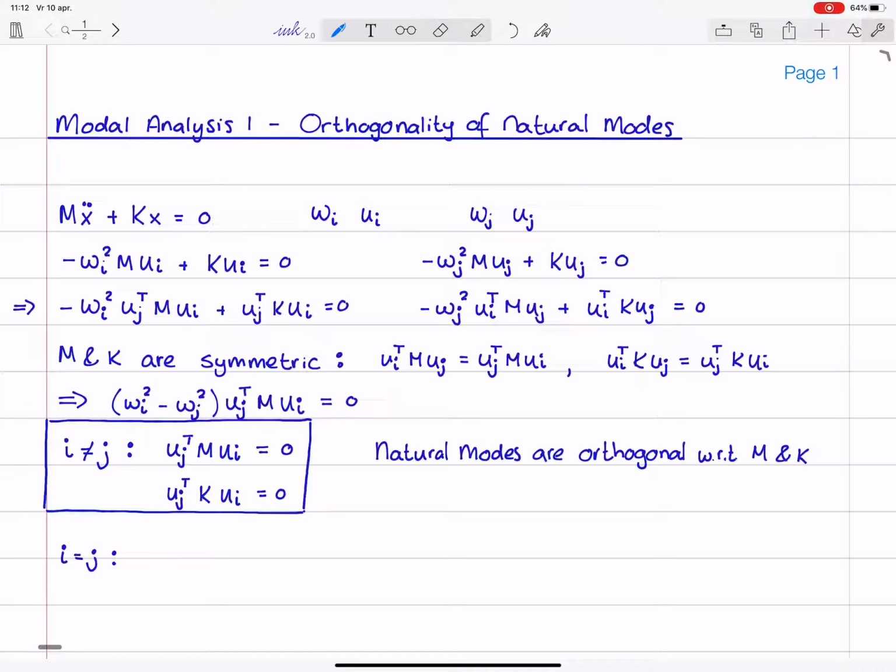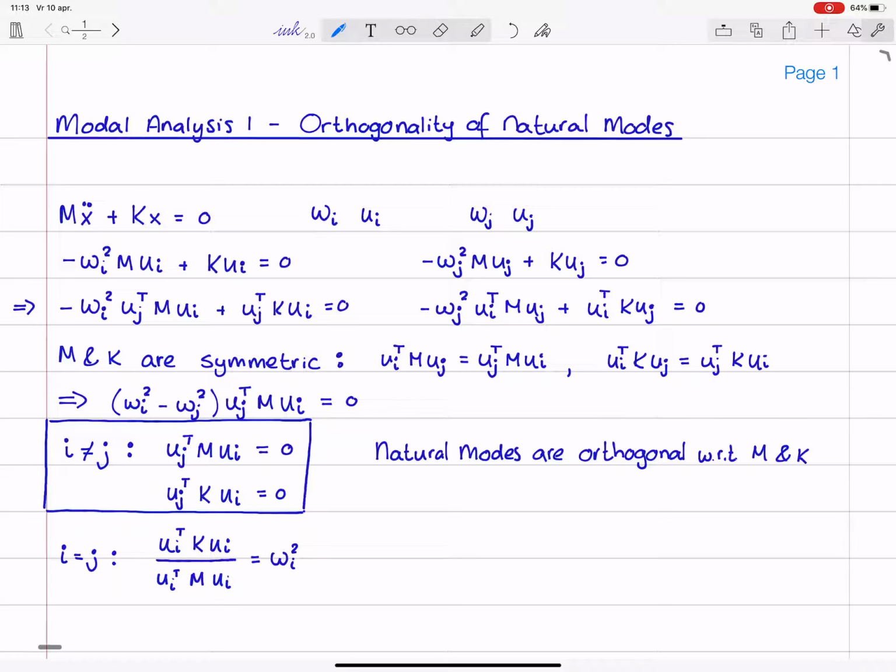So if we look back at the equation that I marked with the arrow, from that we can rewrite it that u_i transposed times K times u_i divided by u_i transposed M u_i is equal to omega i squared.